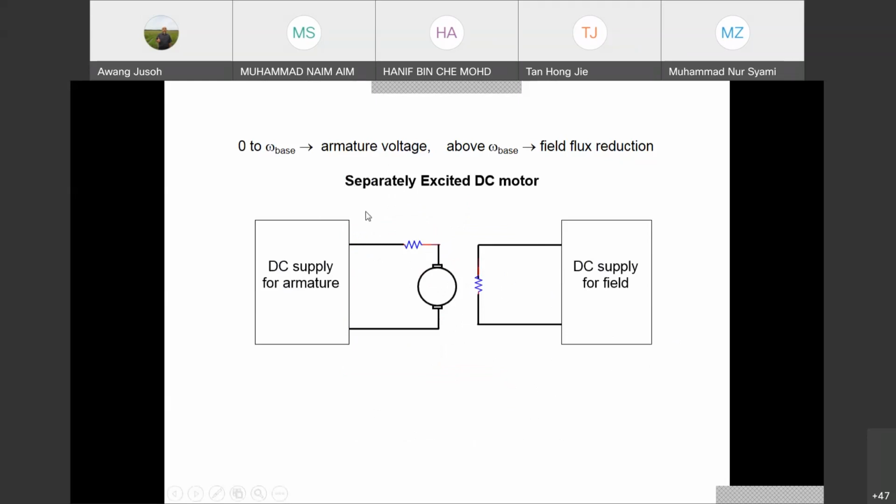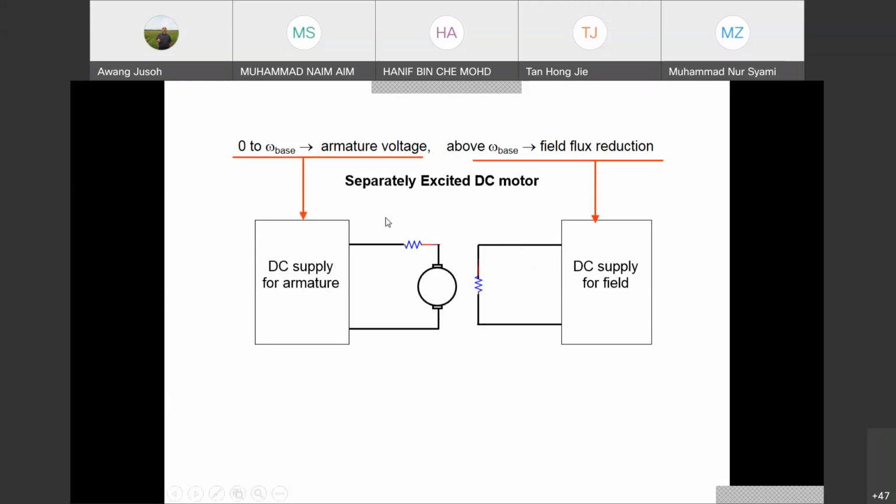Now in the separately excited motor, as I mentioned before, we have two supplies. A supply for the field, to supply flux for the main. The field current is responsible for supplying the main flux for the system. And also we have a supply for the armature voltage. That means now we have two different supplies for the field and for the armature. So what do we have to do now?